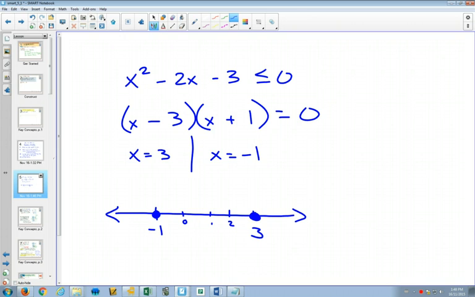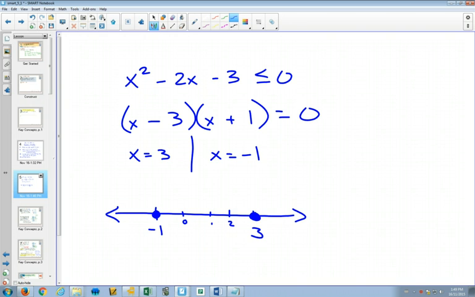Now for step 3, it says you could use the graph or the test points. If I was using the graph, I would think, if I graphed y equals x squared minus 2x minus 3, and I knew those were the x-intercepts, would my graph open up or open down? It would open up. Why? Because the number in front of x squared is positive.